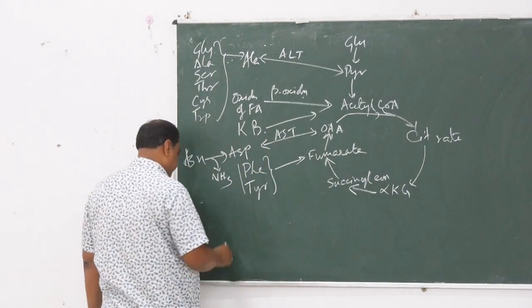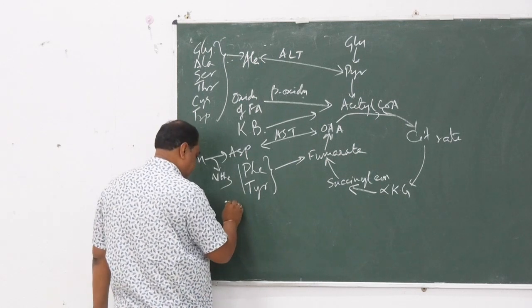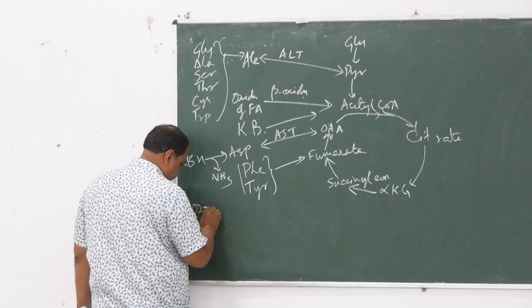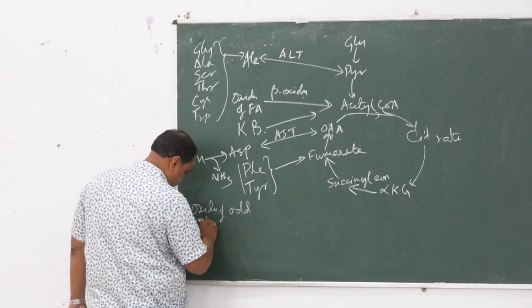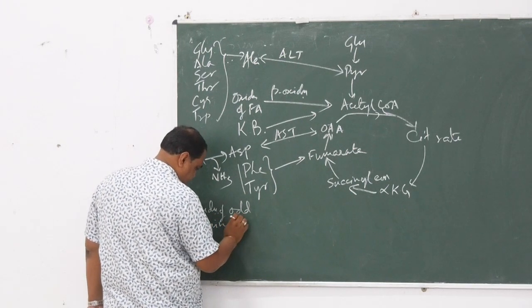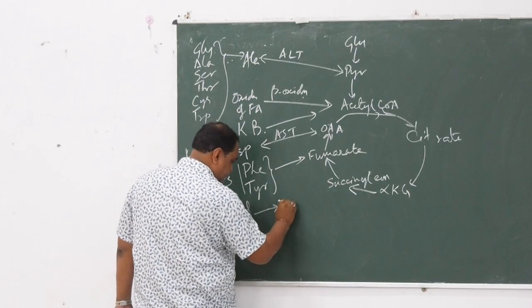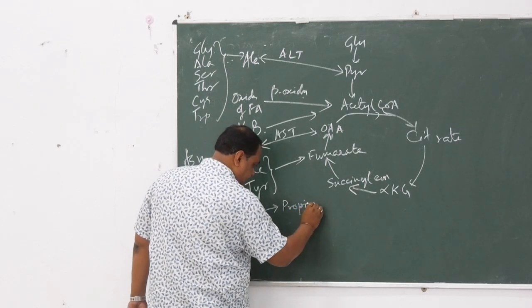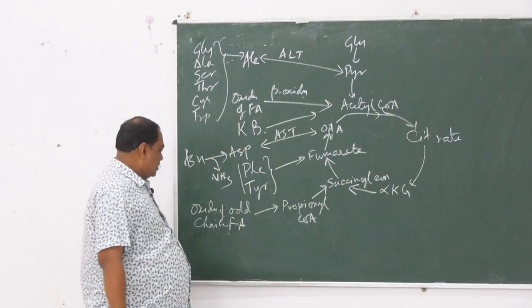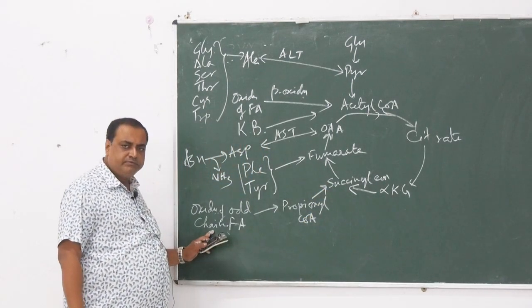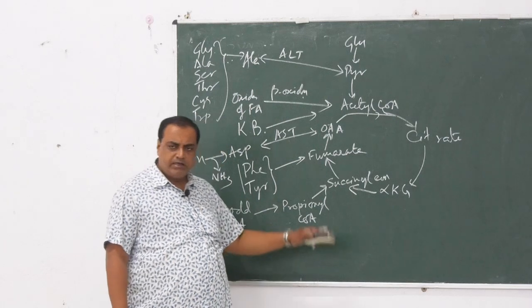Succinyl coenzyme A: oxidation of odd chain fatty acid will give rise to propionyl-CoA, which will be converted to succinyl-CoA in a 3-step reaction.